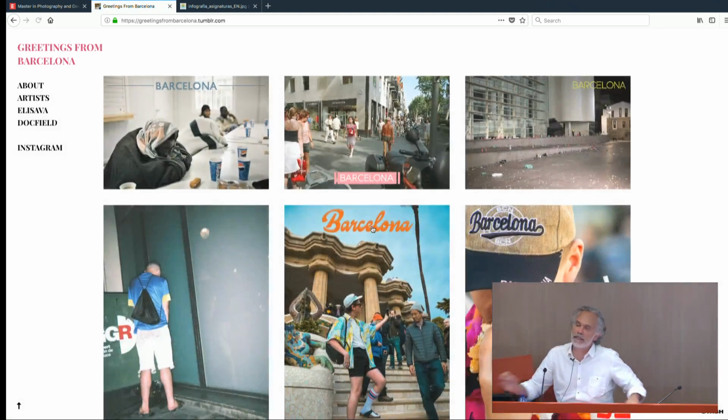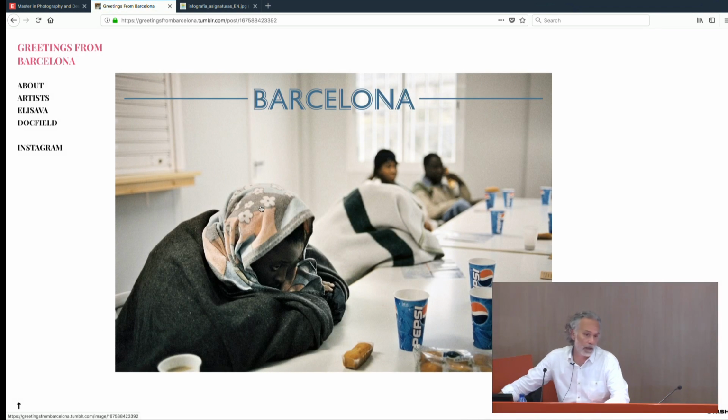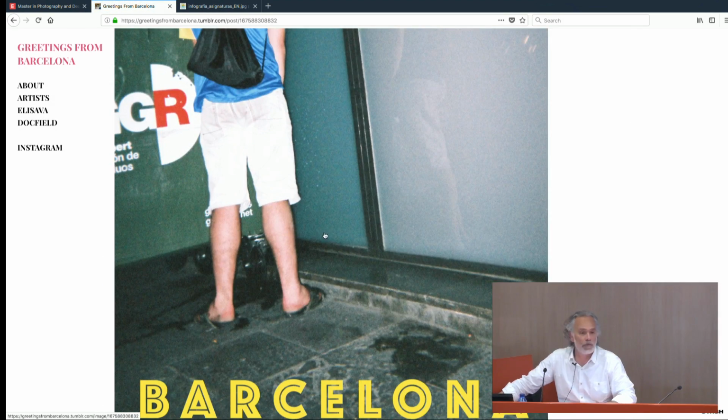At the end, we had like 40 different postcards, and we put them in touristic information offices. So people come into Barcelona and go into this touristic information point, asking for some information about Barcelona, and could also find this other side of Barcelona, which is also as real as the Sagrada Familia or as Las Ramblas.